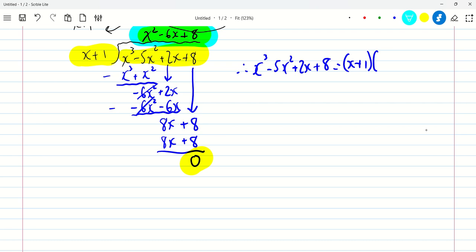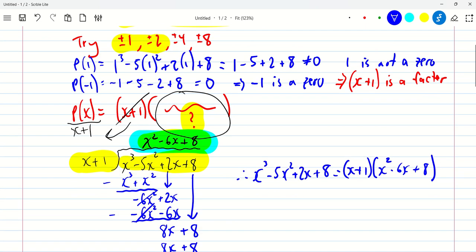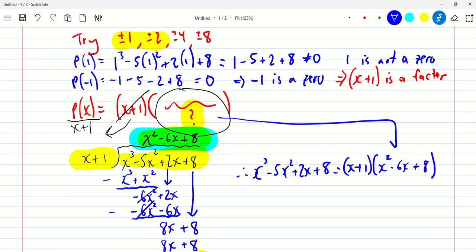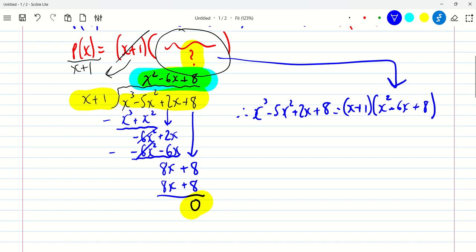And so that means that the original polynomial is equal to x plus 1 times x squared minus 6x plus 8. Okay, so that was the mystery thing here. So that is that missing part there, and that's a minus there. Okay, hopefully that makes sense.